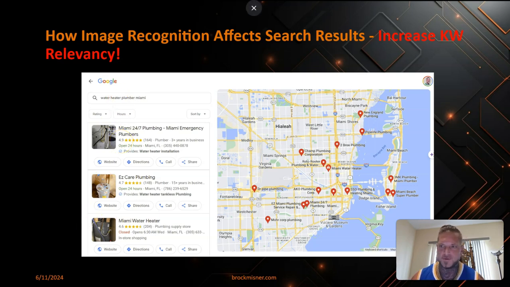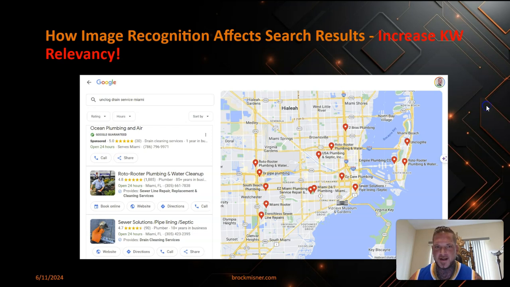If you do another keyword search, which is in the next slide, for unclog drain service Miami, we've got a Roto-Rooter with a guy at the drain snake heroically unclogging a sewer line. And then we have a plumber that just looks like a clog he pulled out of somewhere I don't want to be.